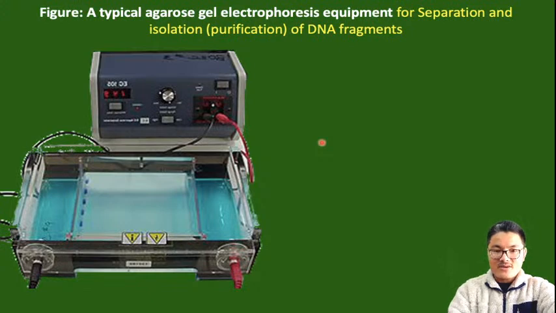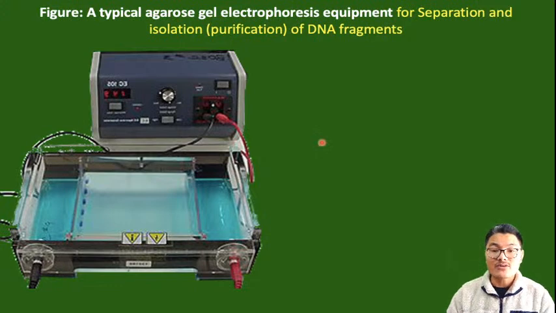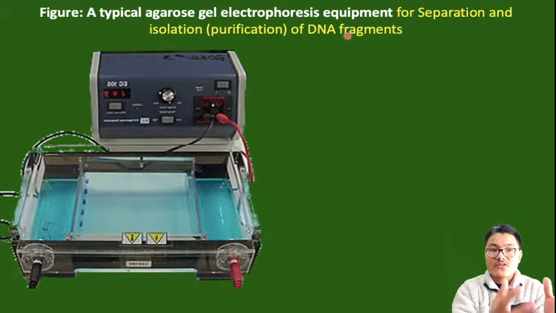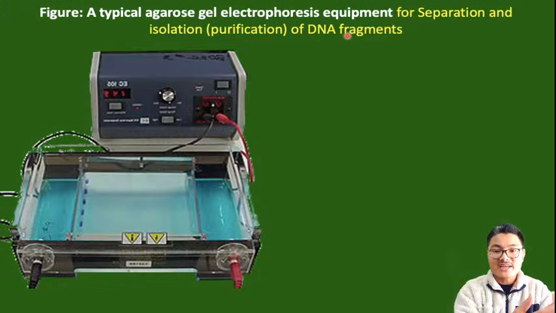Okay. In the last class, we had a discussion about how we can purify DNA fragments. We said that we can isolate DNA from plant cells, animal cells, bacterial cells or other microorganisms.